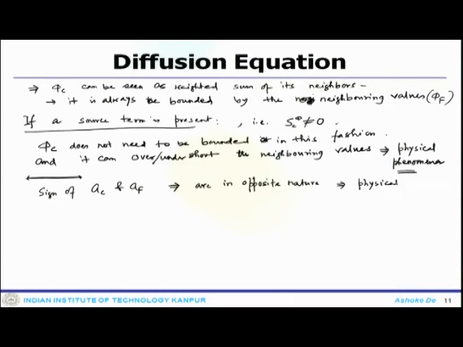Because this has a complete physical meaning: if phi f is increasing, then this will lead to phi c increasing. If phi f is decreasing, then this also goes the other way around. So, this has a physical meaning, that the opposite signs are of physical nature.